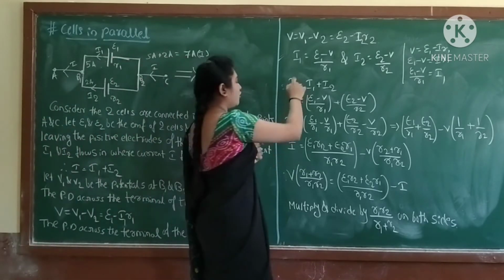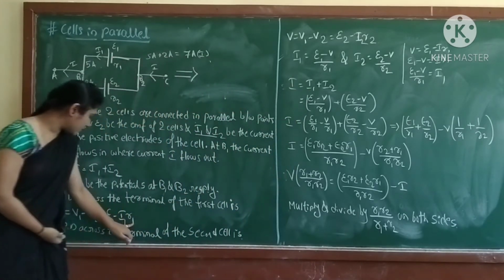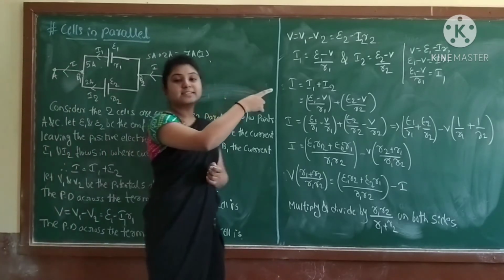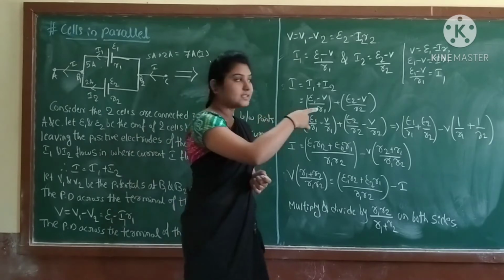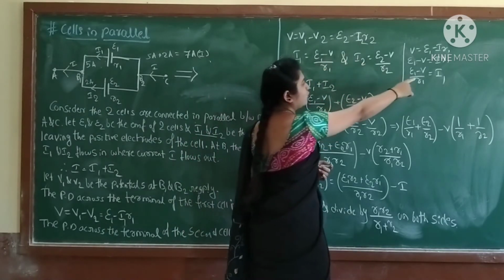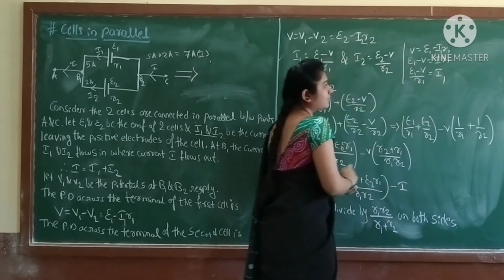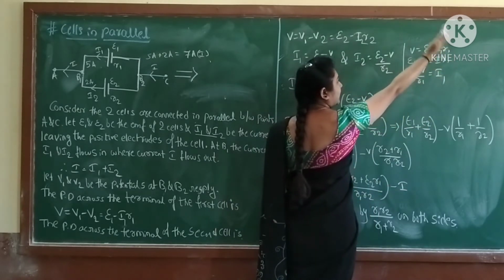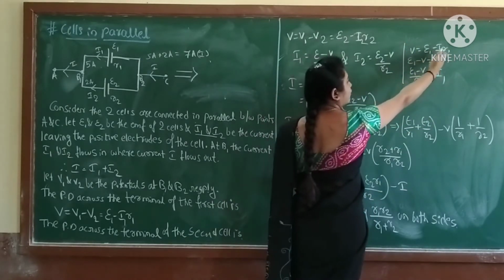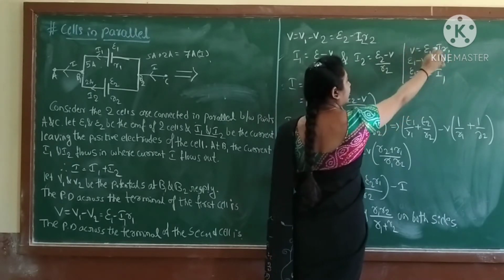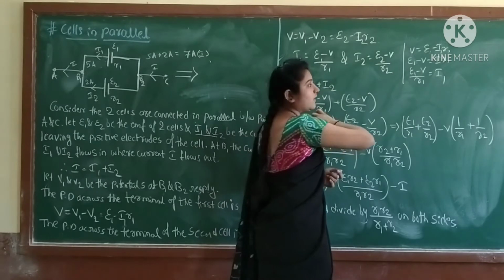Correct? So from this equation I took like that. That is the current I1. Yes? So see, first I took V is equal to E1 minus I1 R1. Later the E1 will come to this side and the V will come to this side. So what will happen?